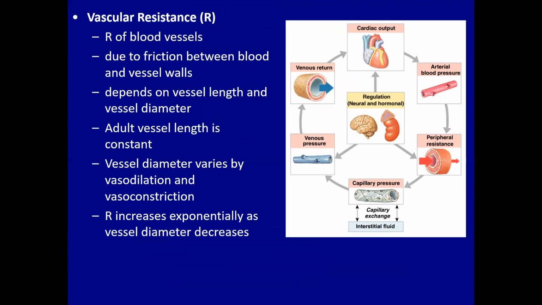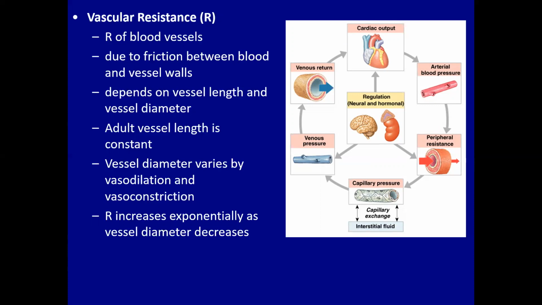And I want you to think about turning on your outside faucet and you have a hose attached. If you have a hose that's 10 feet long and you turn the faucet on full strength, it's going to come out at X pressure.